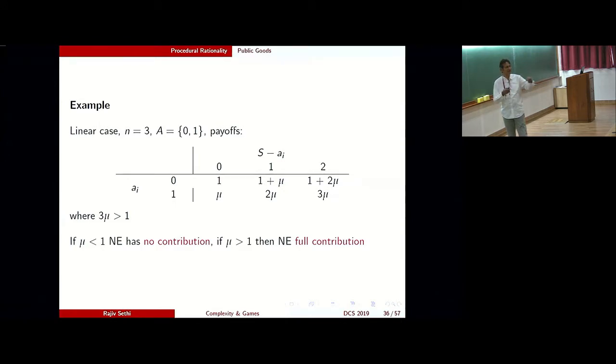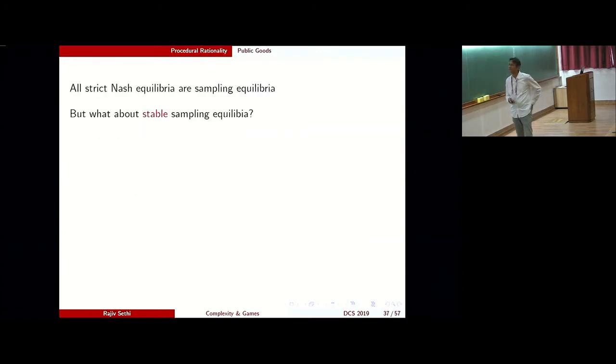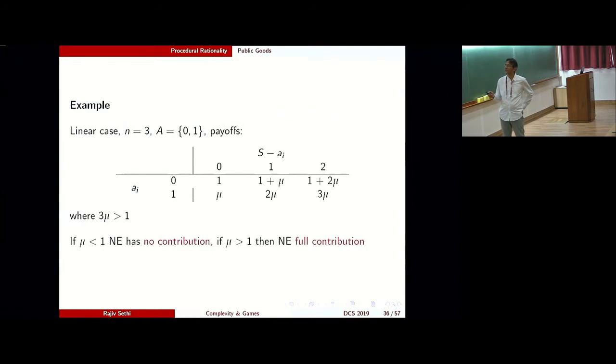They assume the tension between individual rationality and equilibrium, and Pareto optimality, right? The efficiency equilibrium trade-off. Okay, we know that all strict Nash equilibria are sampling equilibria. But what about stable sampling equilibrium? So if you think of a situation where the Nash equilibrium is this, right?